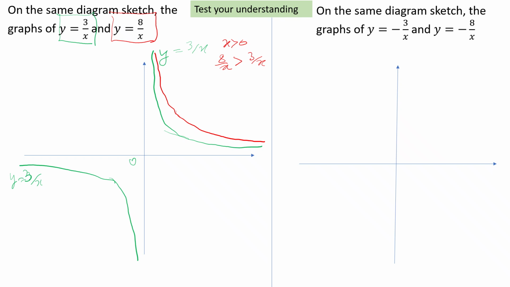When x is negative, for the same x value, the y value is bigger but negatively. So it goes this way, but never touches the x-axis and y-axis. This is y equals 8 over x.